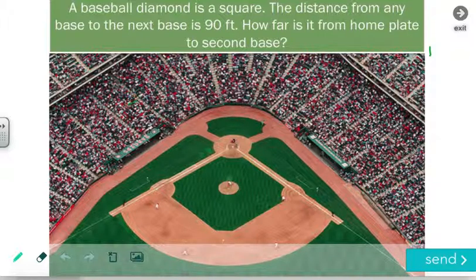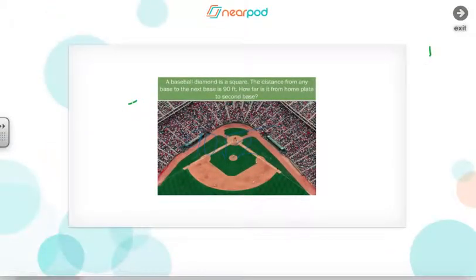Okay, so if we want to look at Lauren's up here. Lauren said that the distance from home plate to second base, when we form our triangle, is going to be 90 times the square root of 2.